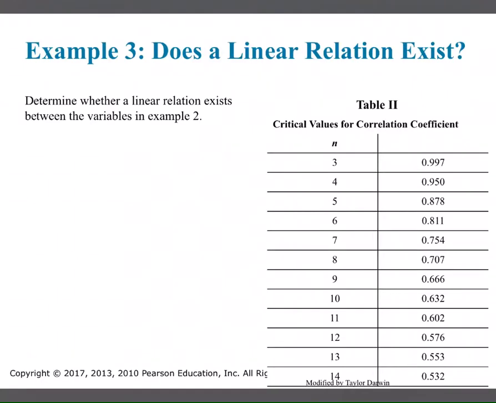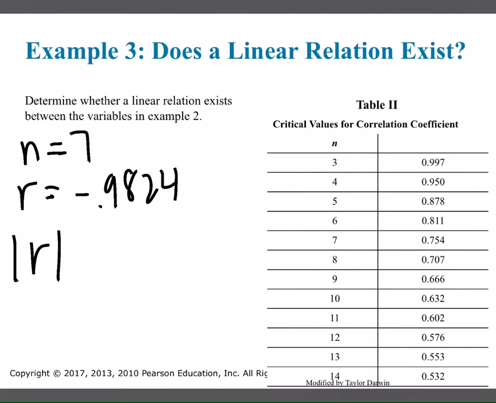So let's try that for ours. The one that we just did, our N was 7, and our R was negative 0.9824. So if I take the absolute value of that R, that's what those little wall-looking things mean, I get positive 0.9824.